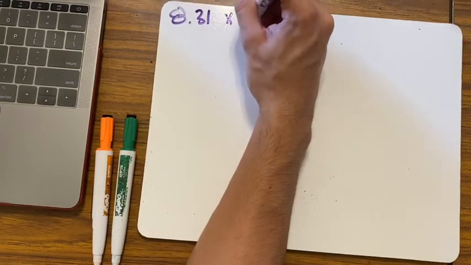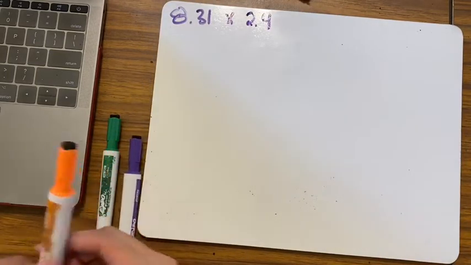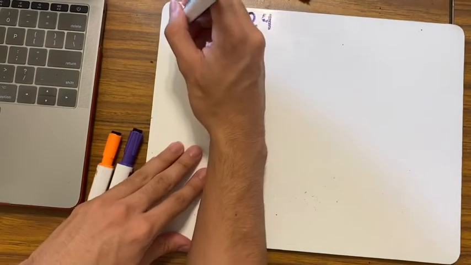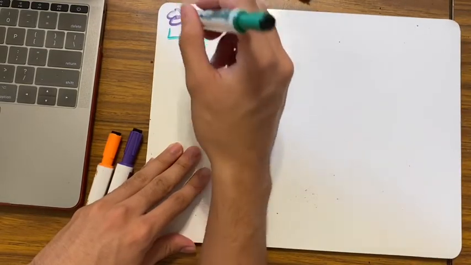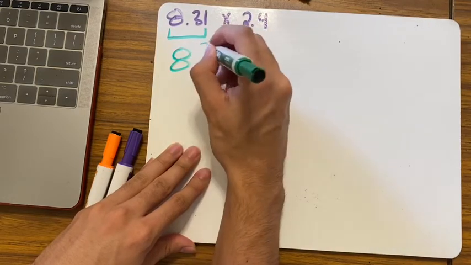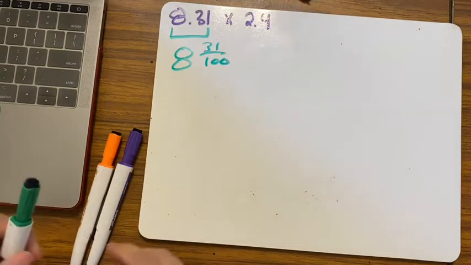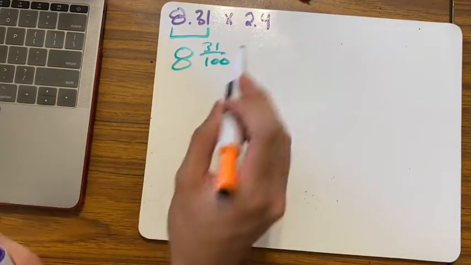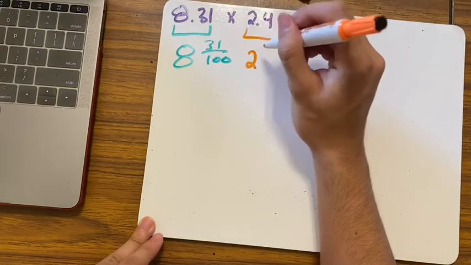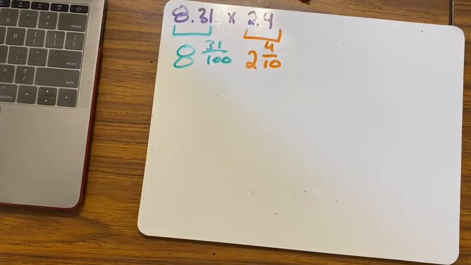And again, we're going to use the same problem, okay? So first thing we should do, let's switch our decimals into fractions. So here I have 8.31. Well, then that's a fraction that is 8 and 31 hundredths, okay? And then for this one, I have 2 wholes and 4 tenths, right? 4 is in my tenths place.